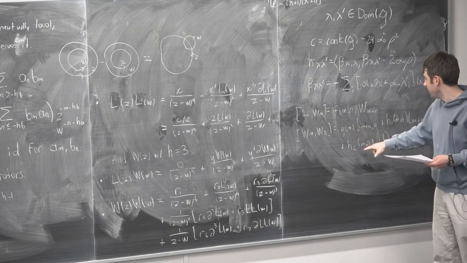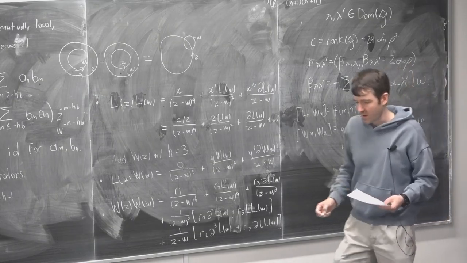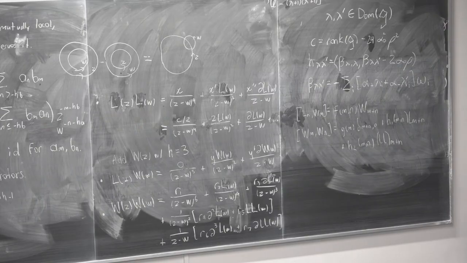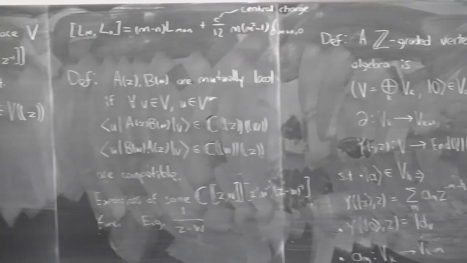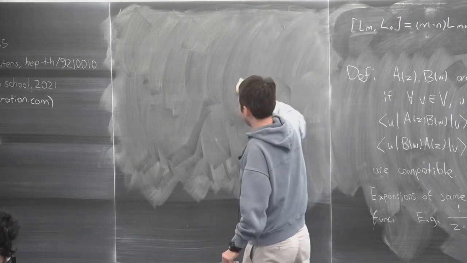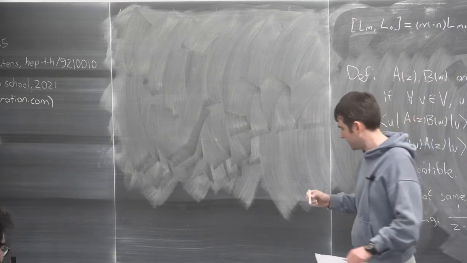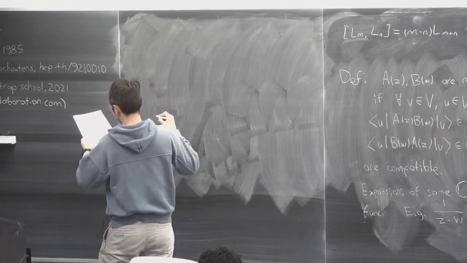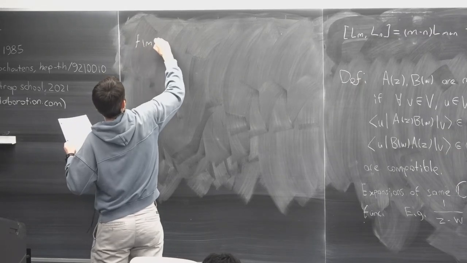So you'll have these functions of m and n to play with as you try to make sure the Jacobi identity is satisfied. And I want to write them down just so you can see what they look like. Okay, F is very simple.